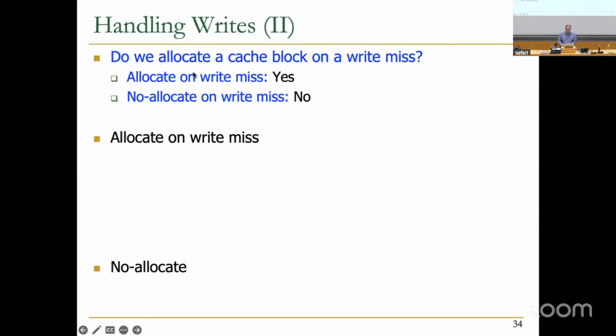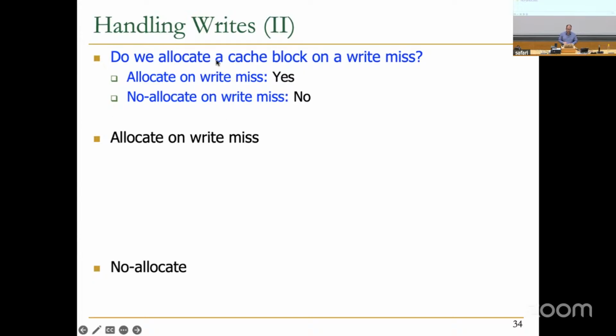If we do, we call it the allocate on write miss policy, or we can have no allocate on write miss, where the answer is no to this question. Meaning that when you have a write miss, you go to the next level, to the level where you can find your cache block, and only update that block. You don't bring that block to your L1 cache or the level where you had the miss. So that's no allocate on write miss.